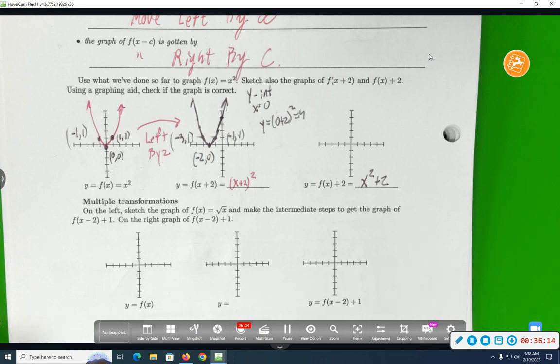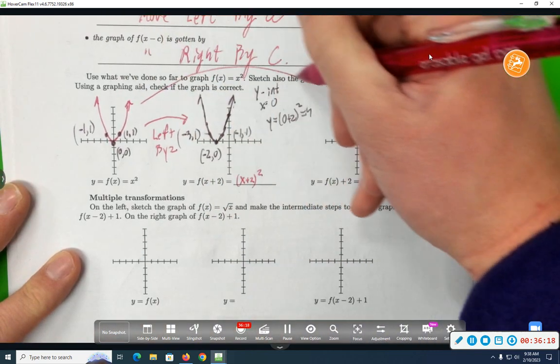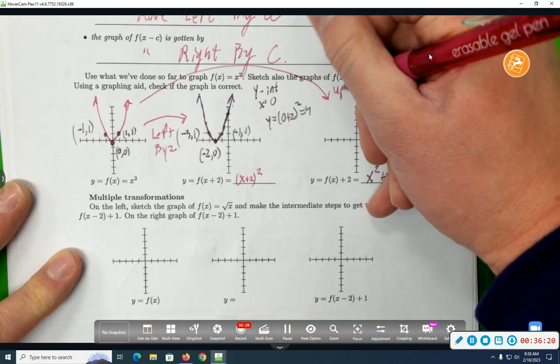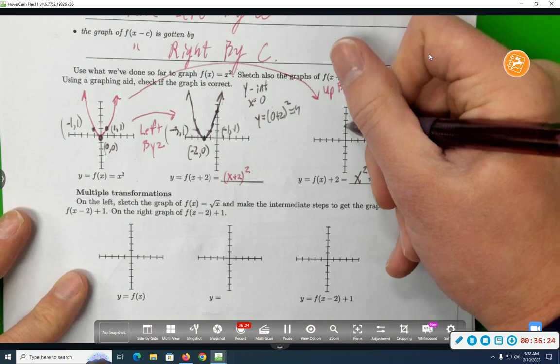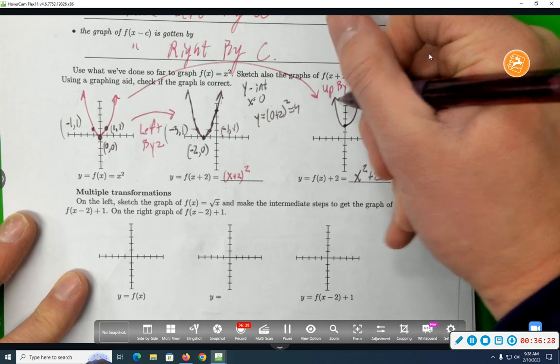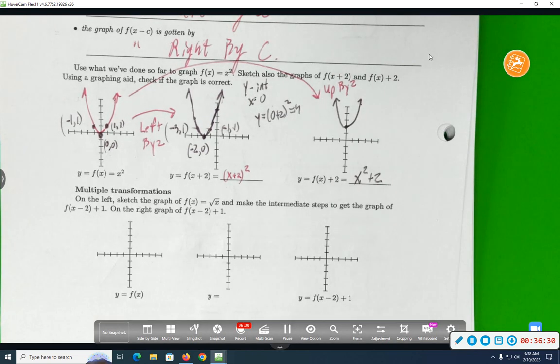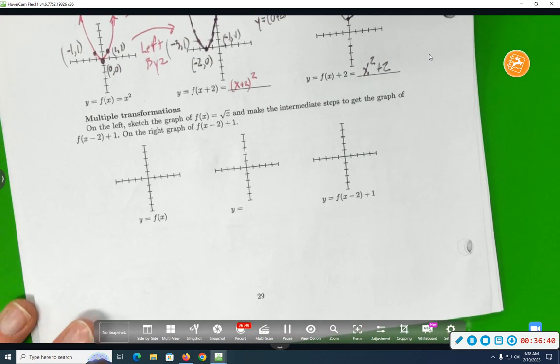So you'll take this same graph, go up by 2. And we could track some more points if we wanted to, but I don't think I want to. Feel pretty good?